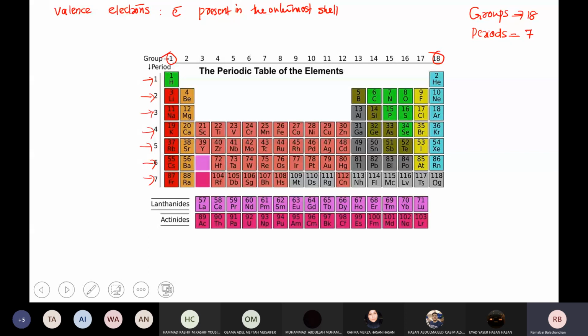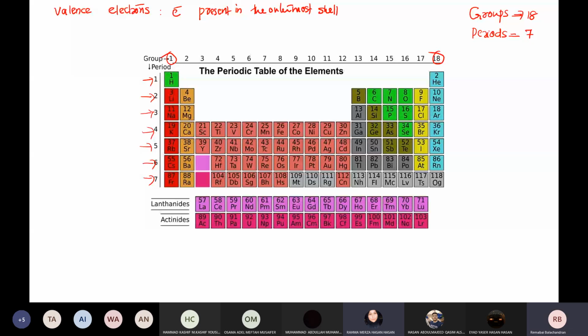Now, there is some relationship between the group number and these valence electrons. Do you know that relationship? The group number is the same as the number of electrons in the outer shell.